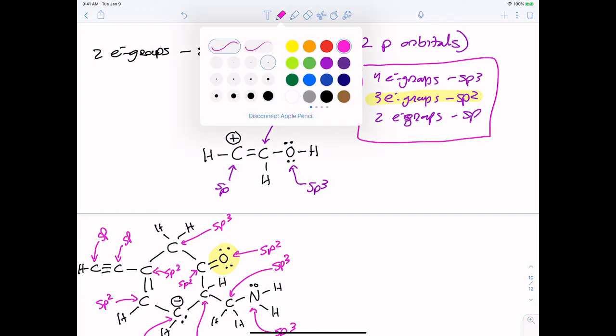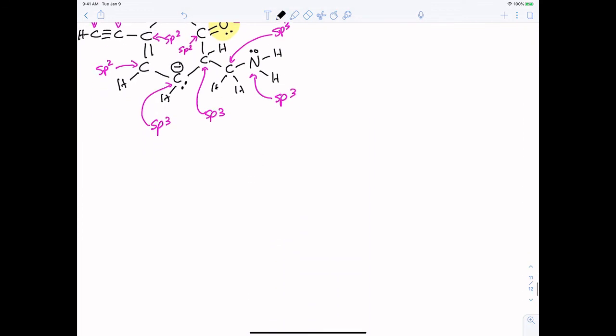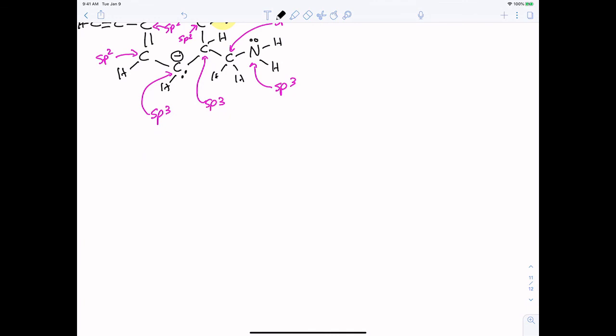Let's do one more. So let's look at carbon, a bond to carbon. Let's do another nitrogen. This time, let's put 2 hydrogens. Actually, let's just have 1 hydrogen this time. 1 hydrogen, and we'll do 2 lone pairs.